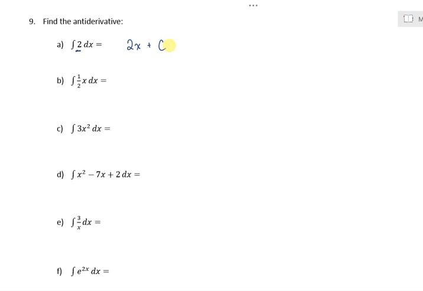All right. So 1/2 x, we need to raise the power to 2. And then we need to divide by that power. So we get 1/2 times 1/2. So this 1/2 comes from here, and the other 1/2 comes from the rule. So that's 1/4 x squared plus c.